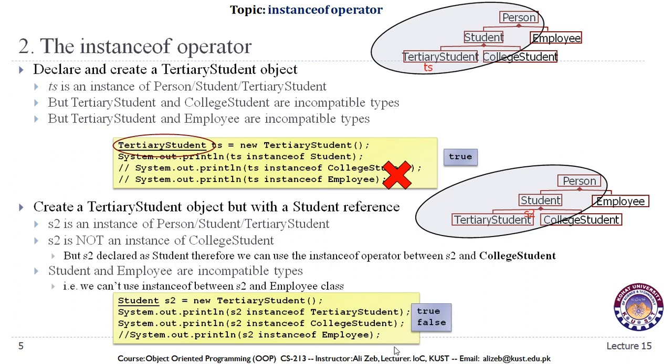This will generate an error since S2 is an object of the Student class, which is a superclass of the TertiaryStudent class. A TertiaryStudent class is a subclass of the Student class, which is the superclass of the CollegeStudent class. So there is a distant relationship between these two classes. Therefore, we can use it for comparison, which will return false to us.